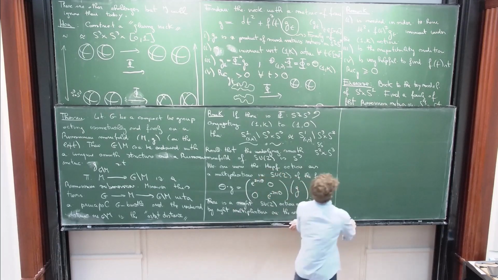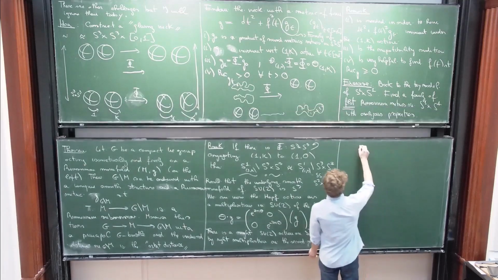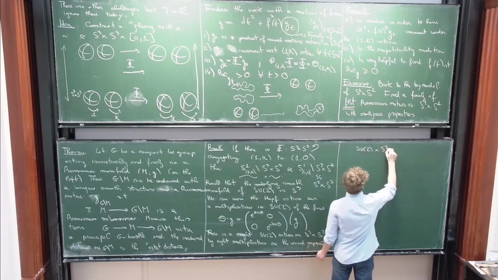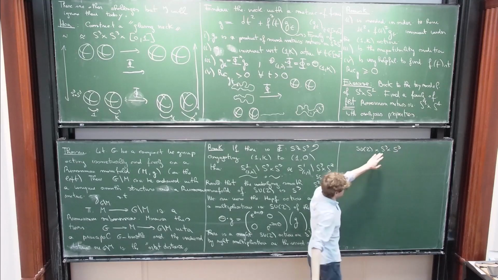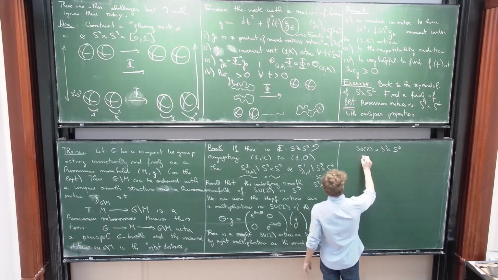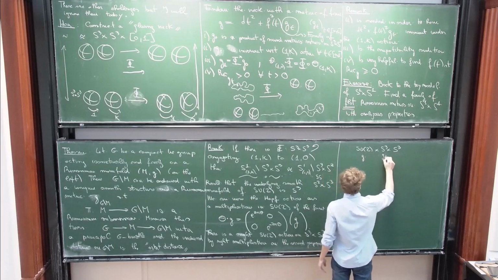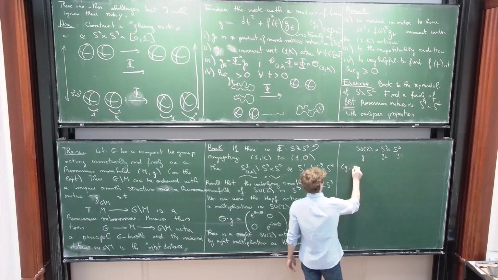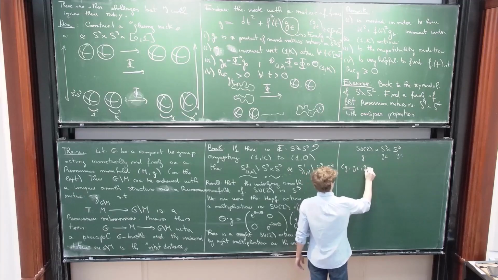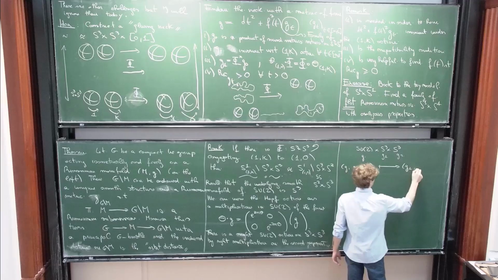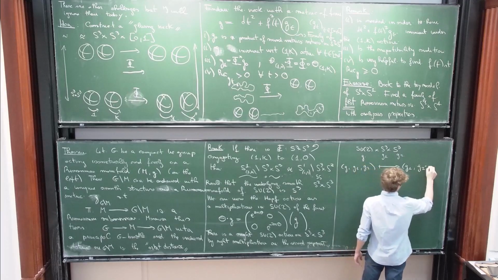Here I'm defining an action of SU2 on S3 times S3, and I'm viewing S3 and S3 as SU2 as well. I pick little g1, little g2, and they go into little g1, little g2 multiplied by little g on the right.